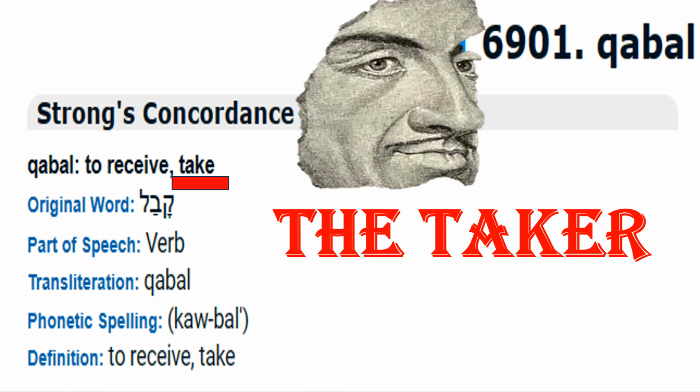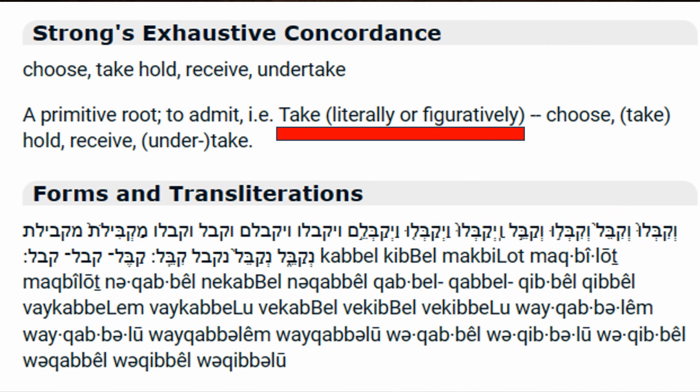What we're going to look at is what exactly does that mean, this idea of being a receiver or the taker. And here, going on into the etymology of this construct, we see this cabal means to choose, take hold, receive, undertake, coming from this primitive root that means to admit. In other words, to take, again, either literally or figuratively, to hold something, to receive something.